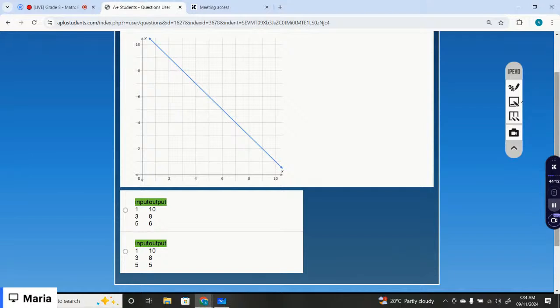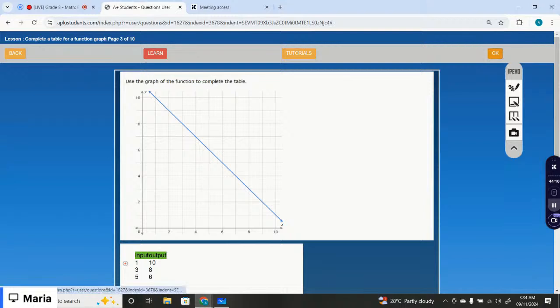When x equals 5, y equals 6. Option number 1 is the correct option. Got it?